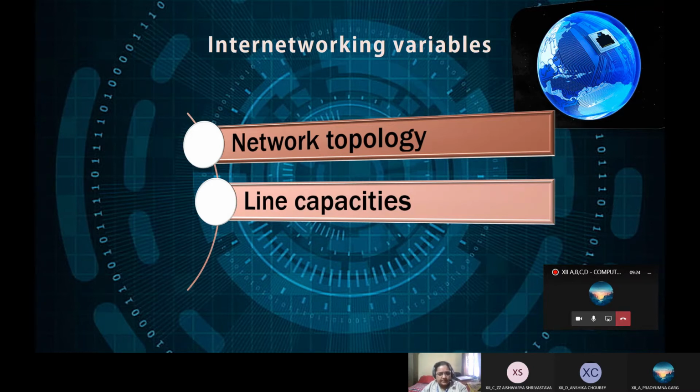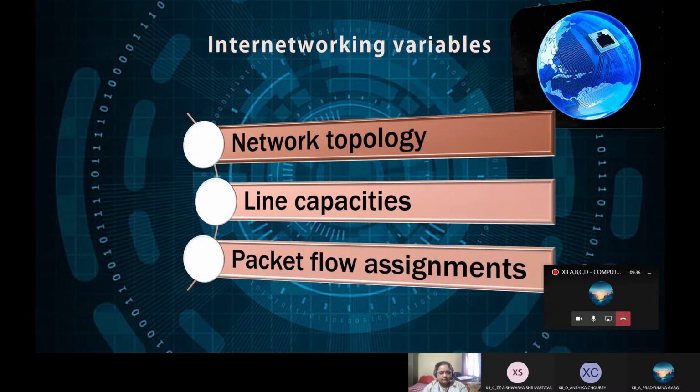Line capacities, that is what transmission medium are we going to use, and what would be the capacities of those transmission mediums. Packet flow assignments, that is how data packets have to travel from one computer to the other.